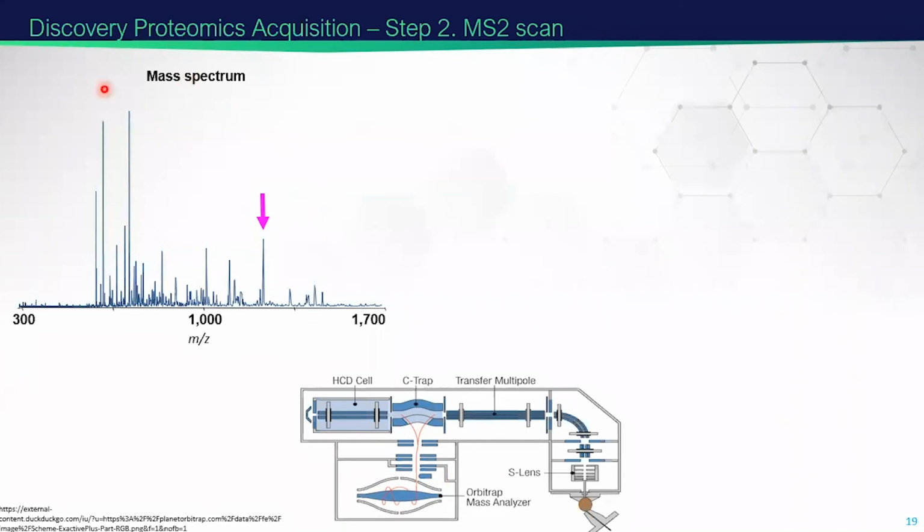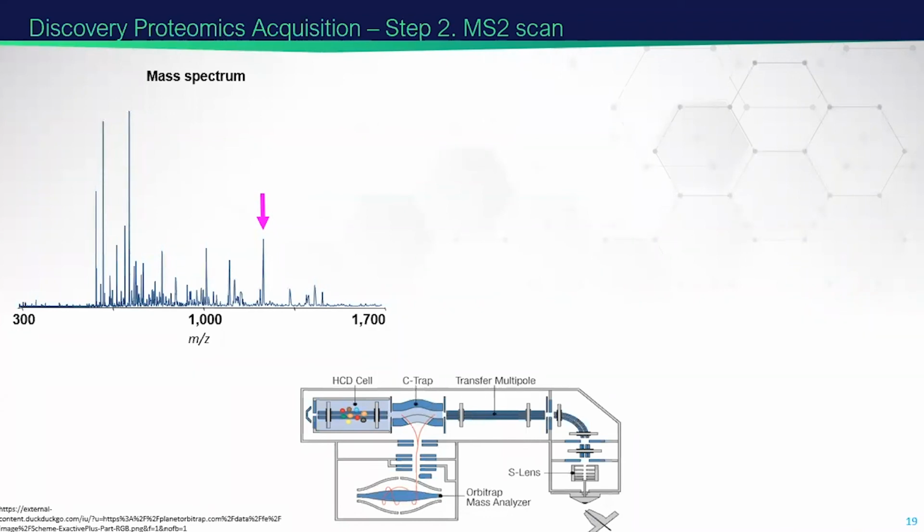Once you have the MS1 spectra, you can further select certain molecular ions in the spectra. For example, if you select this pink one, you send it to a collision cell, which in this case is called an HCD cell, and fragment the molecular ions.